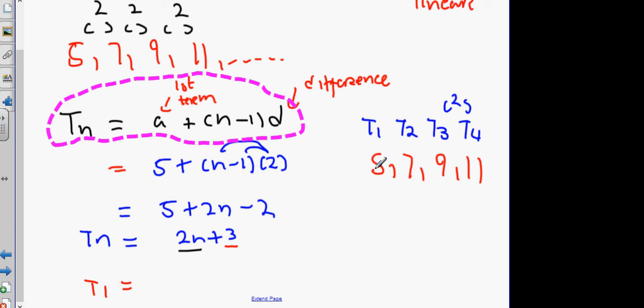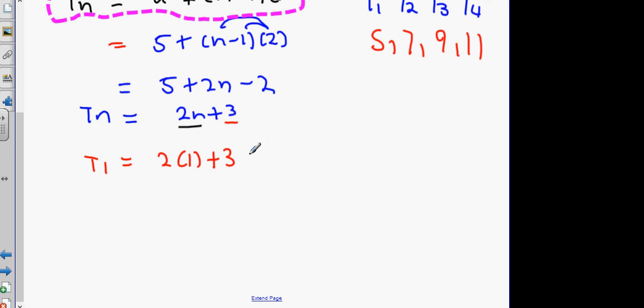T1 should be equal to 5, right? This means replace all n's with 1. 2 times 1 plus 3 is, what's the answer? 5. The second answer should be 7. 2 times 2 plus 3? 7.